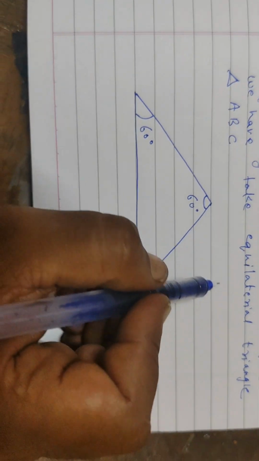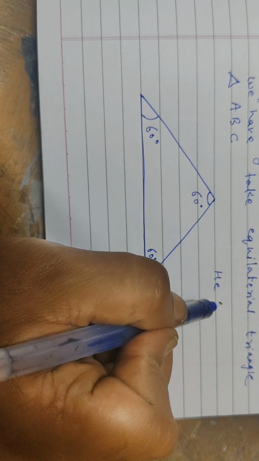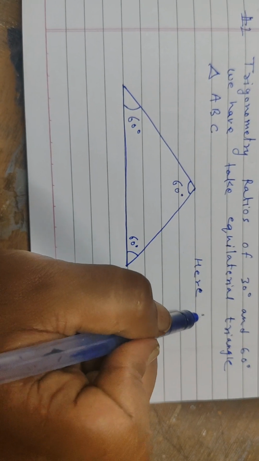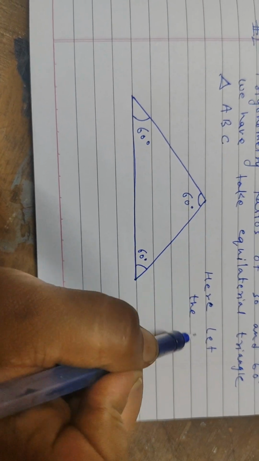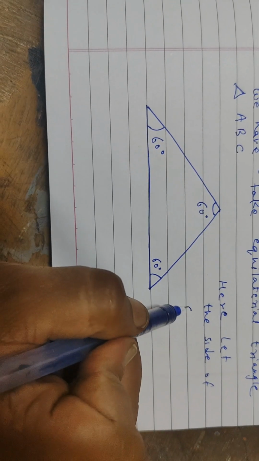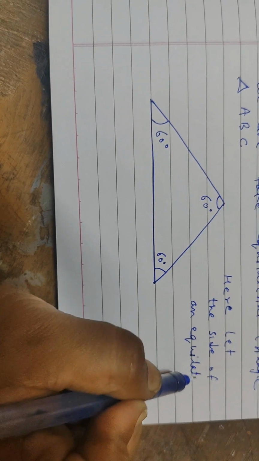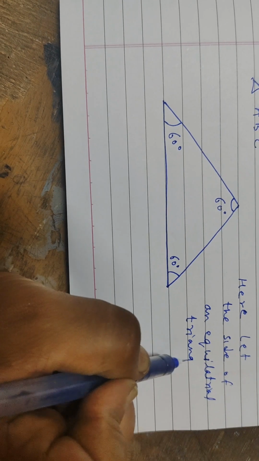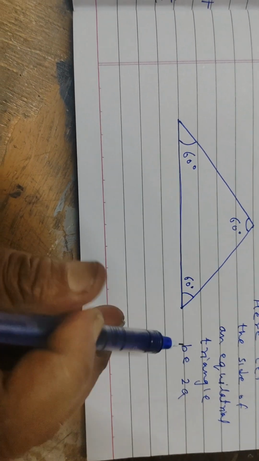Here let the side of the equilateral triangle be 2A.